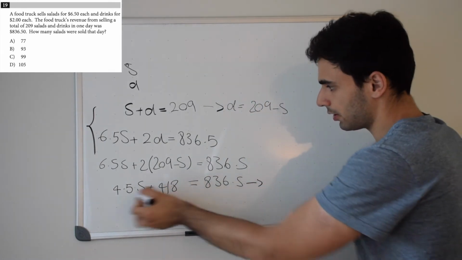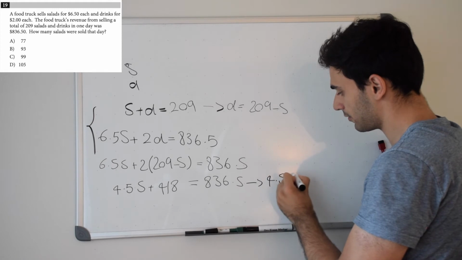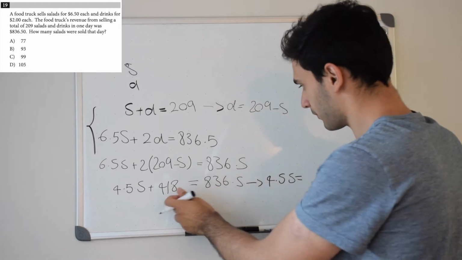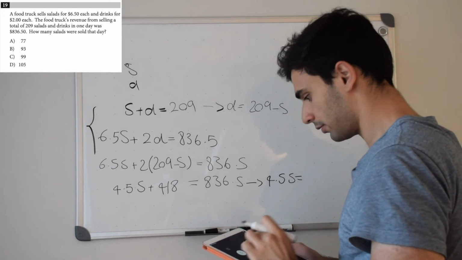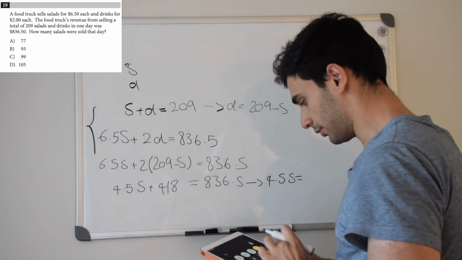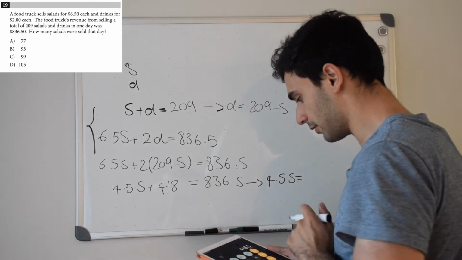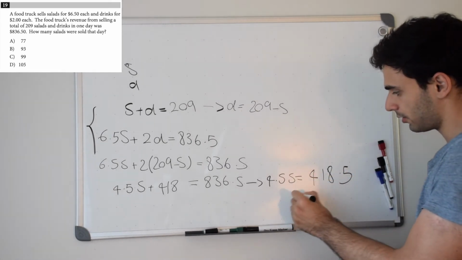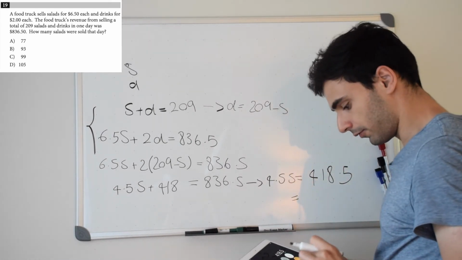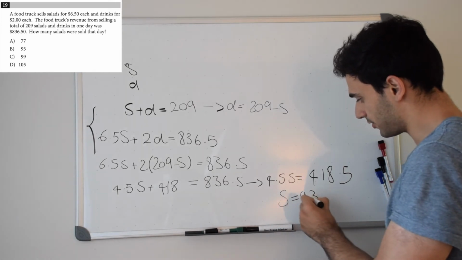So I'm going to rearrange that. 4.5S is equal to, if this goes on the other side of the equation, 836.5 minus 418. I'm going to have 418.5, and I'm going to divide that by 4.5. So 93 salads.